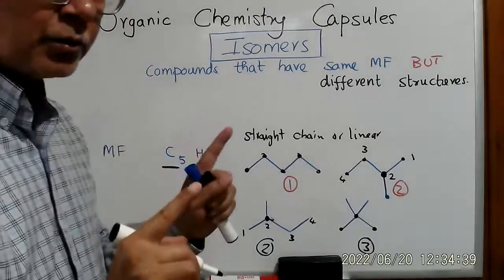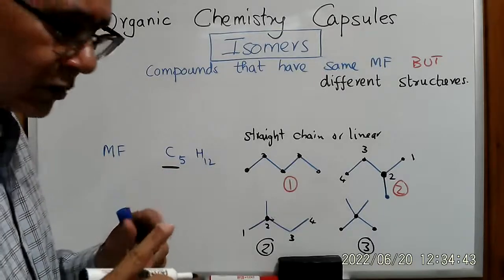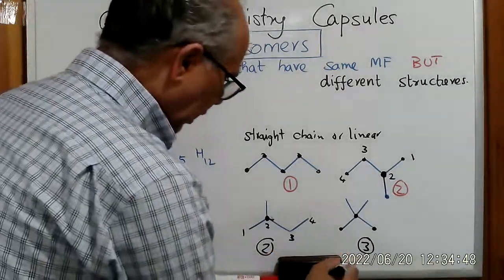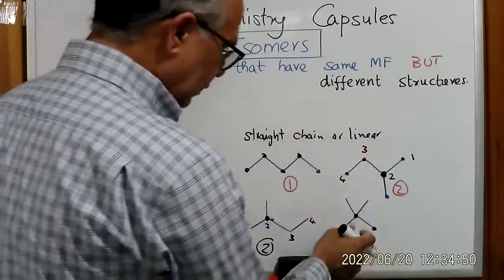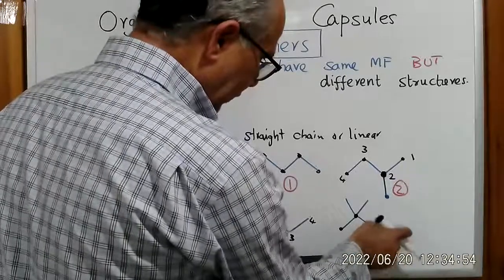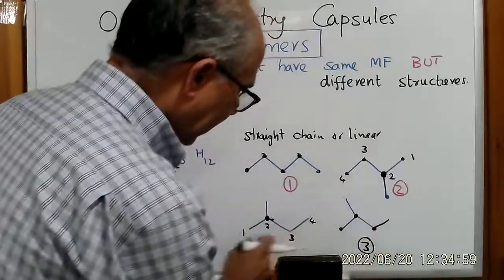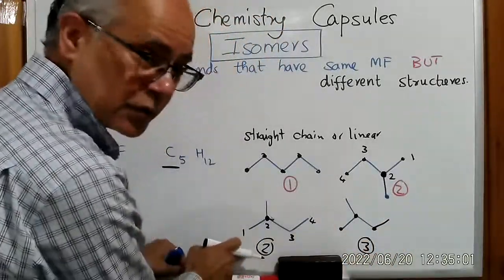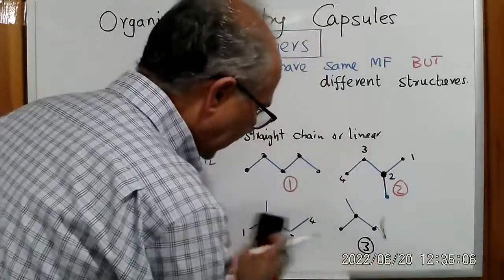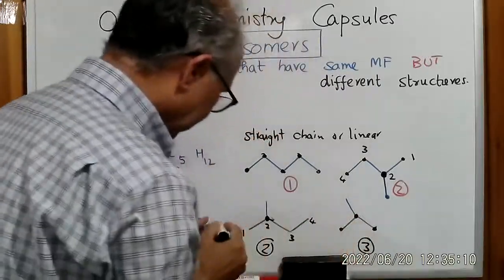Now we need to put 2 carbons. You may think I'll add 1 carbon at this point, but if I take that carbon away and add it there, then what I had as 3 suddenly became 2. So we can't do that.